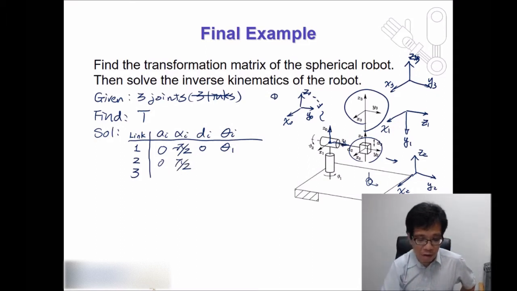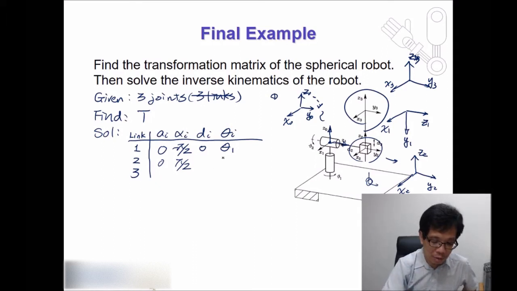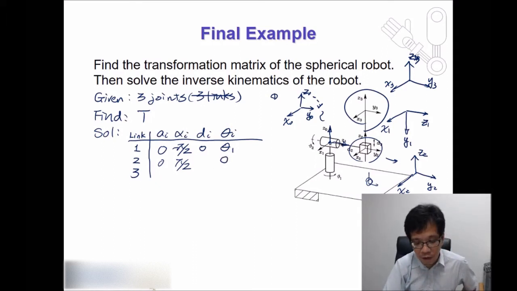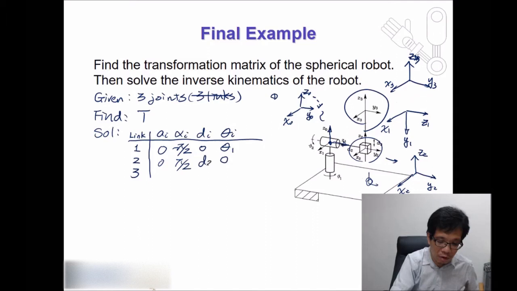Along the axis, there is no change in terms of depth, but from the center of joint 1 to the center of the cubic, we actually have D2 listed over here.